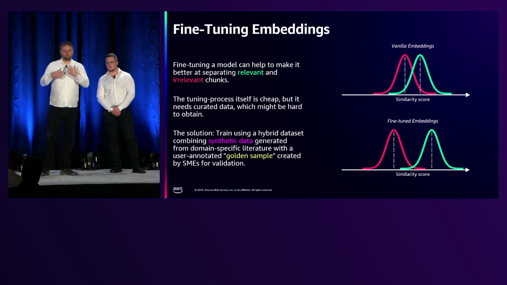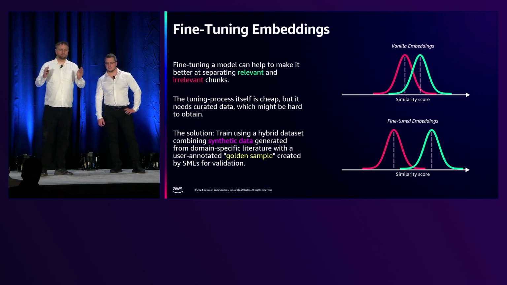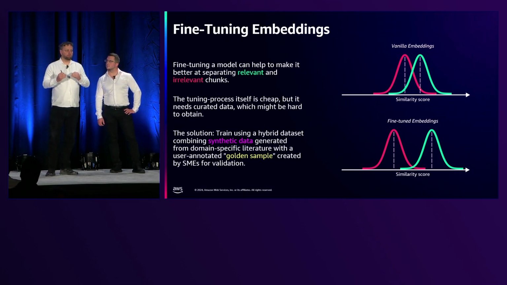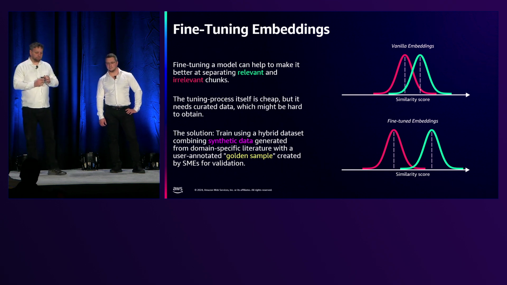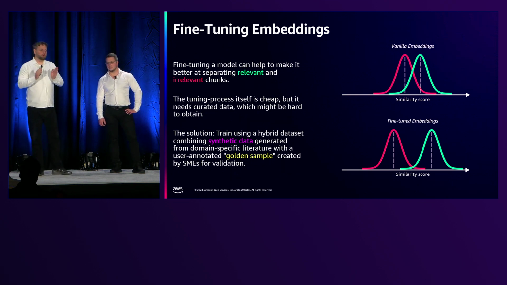And when we have built this golden sample, as we call it, we can then go on and build a synthetic data set out of that. And that synthetic data set then has the quantity that is needed to do an actual fine-tuning step on some open model. And we are currently in the process of building this golden sample to go through that process.